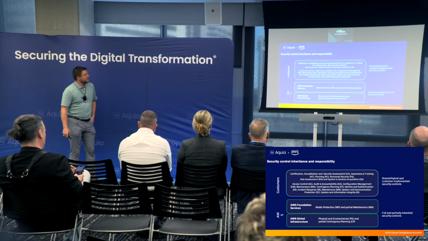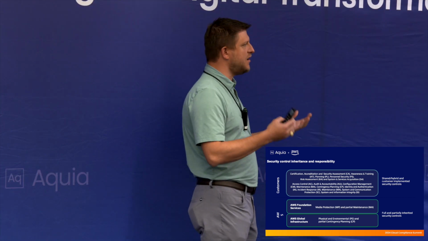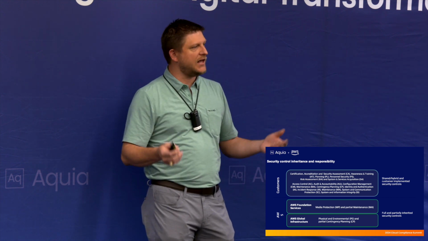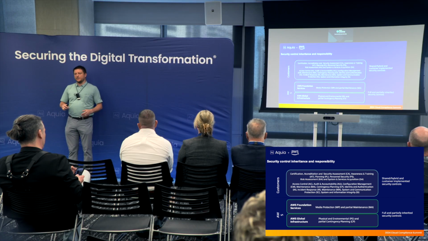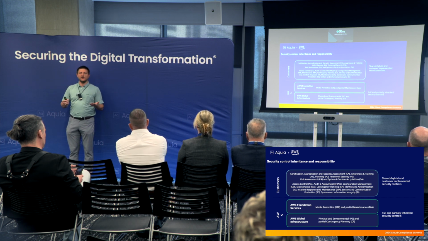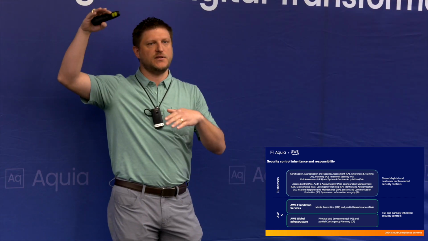I talked about this a little bit earlier, but there is a security control inheritance and a shared responsibility. AWS is responsible for everything of the cloud, and you as the customer are responsible for everything in the cloud. In the cloud means the things you build on top of what we're offering. It's a sliding scale, whether it's EC2 or a managed service, as to where those responsibilities lie.